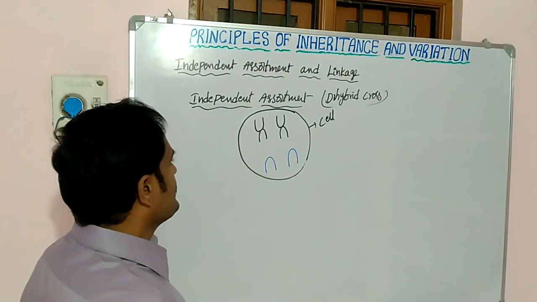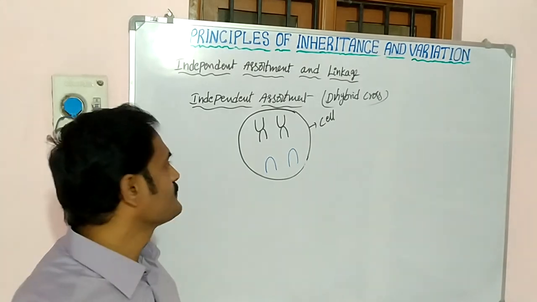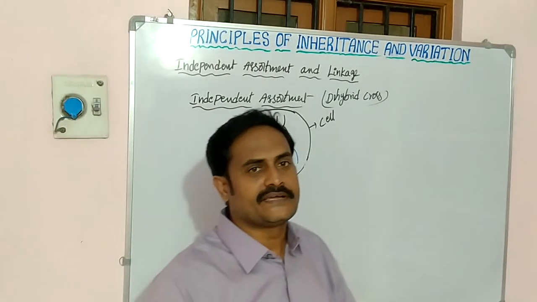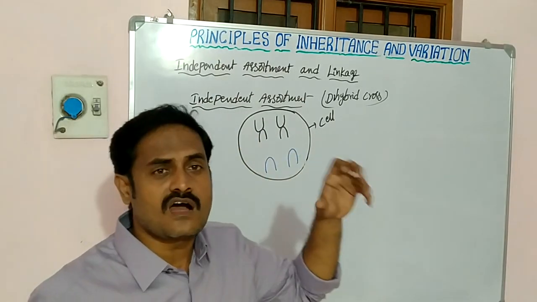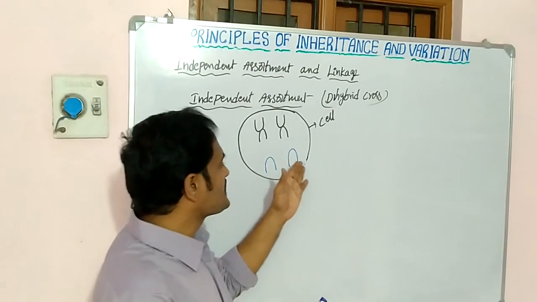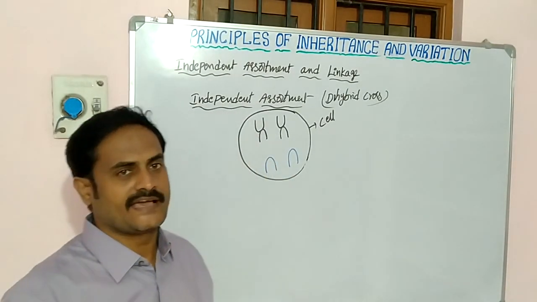So this is the cell, and inside the cell, chromosomes are present. It belongs to the dihybrid cross, so it consists of two contrasting characters. The fusion of the two contrasting characters produces the new characters.